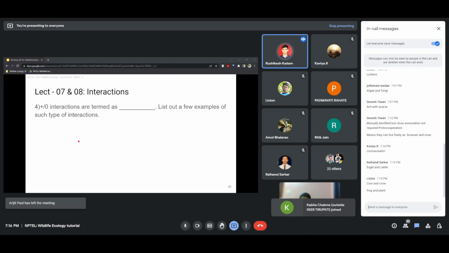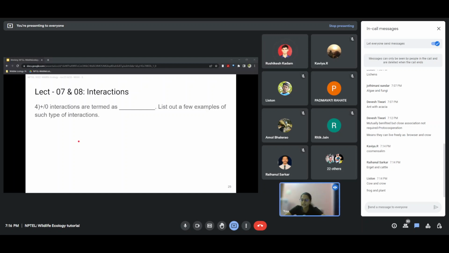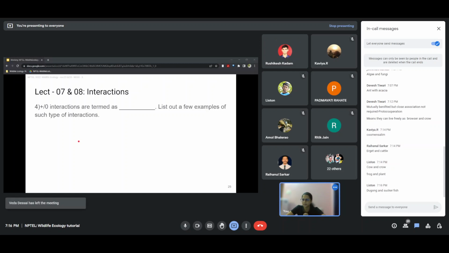Yeah, that is, yes, you're correct. They are called remora fishes, if I'm not wrong. And they also have suckers and stick to whales and sharks and hitch a ride along with them. Dugong and suckerfish, okay, I think that might be a similar association.